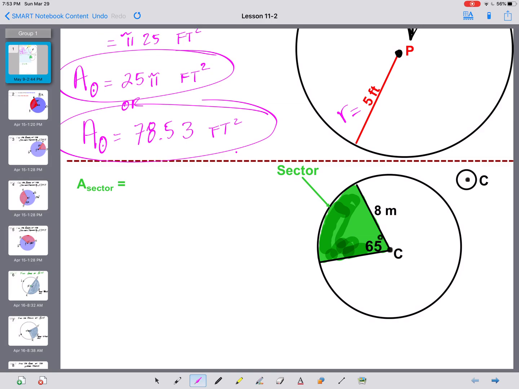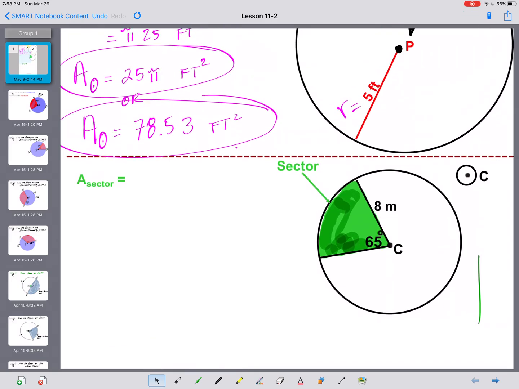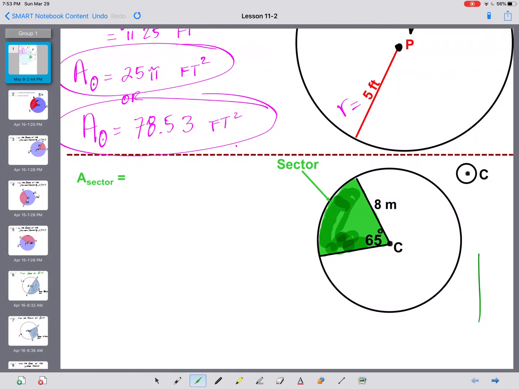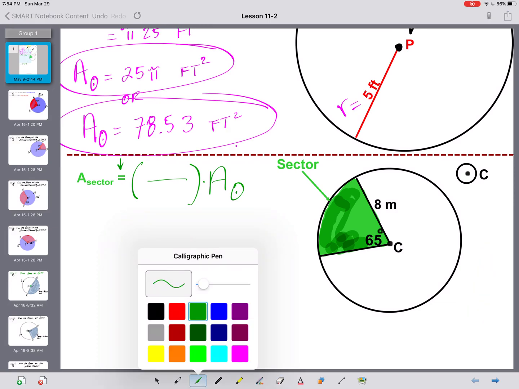So it's a fraction of the area of the whole circle, times. So think about that. The area of the sector equals a fraction of the area of the whole circle. Now, what fraction is it?